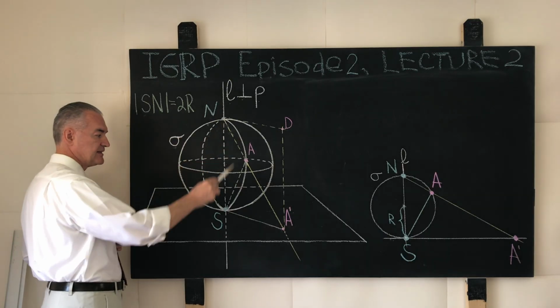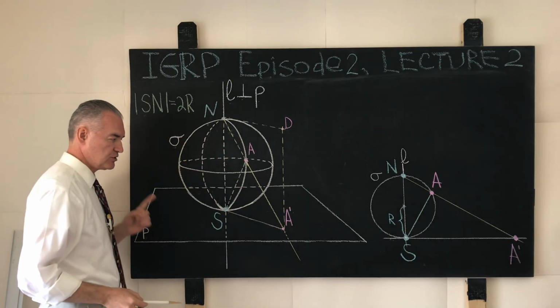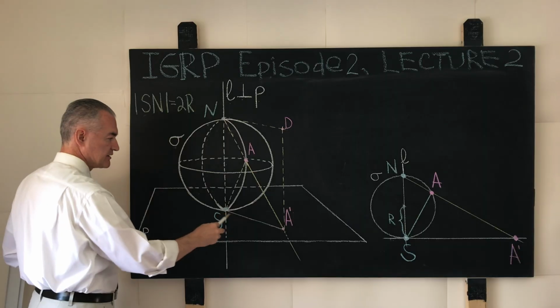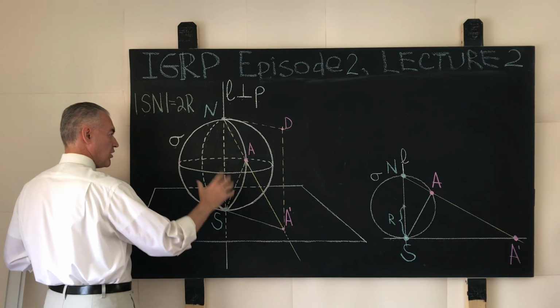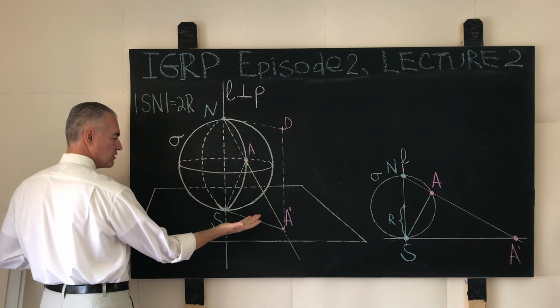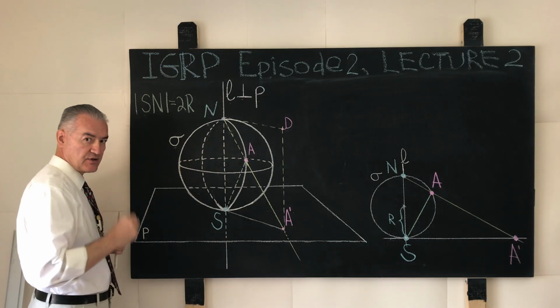Any 3 distinct points define a unique plane, N, S, A prime, and with that plane we will cut our ball on the table contraption. That's thing number one.